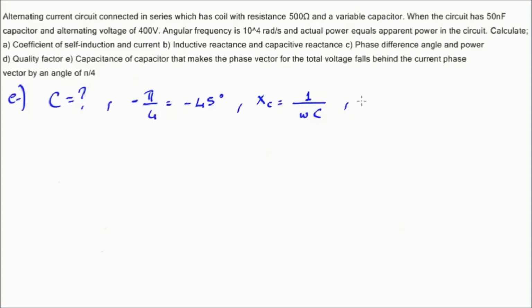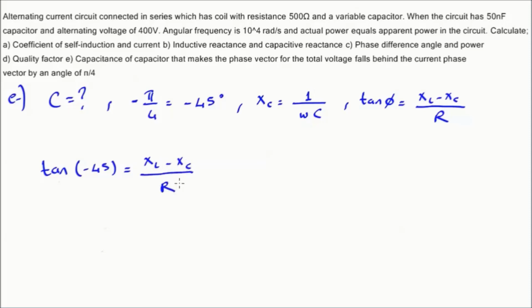To calculate XC, I am going to use tangent phi equal XL minus XC over R. Tangent minus 45 equals XL minus XC over R. Tangent minus 45 is going to be minus 1.